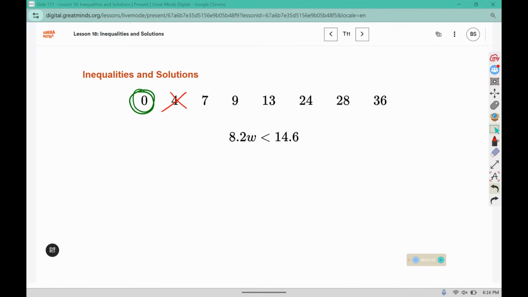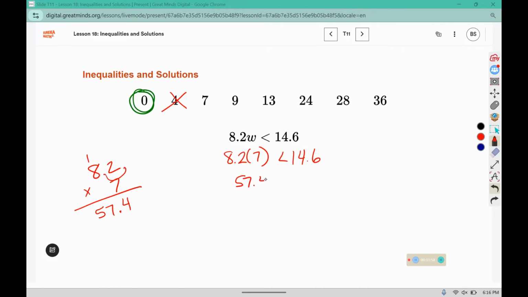What about if we replaced it with 7? 8.2 times 7 is, 7 times 8 is 56, plus one more makes 57.4. Is 57.4 less than 14.6?